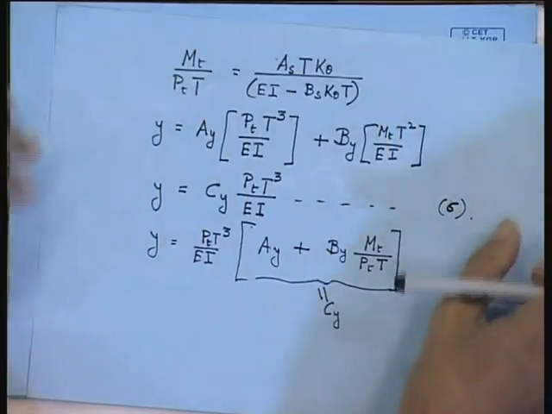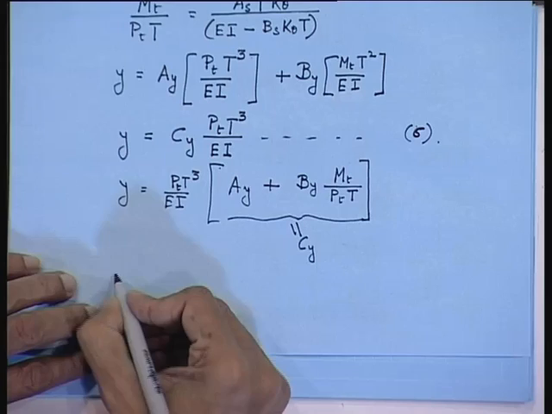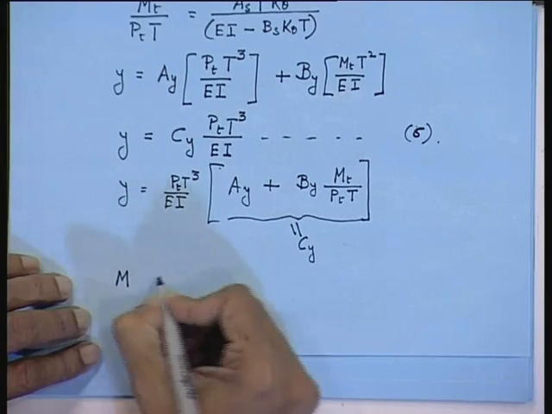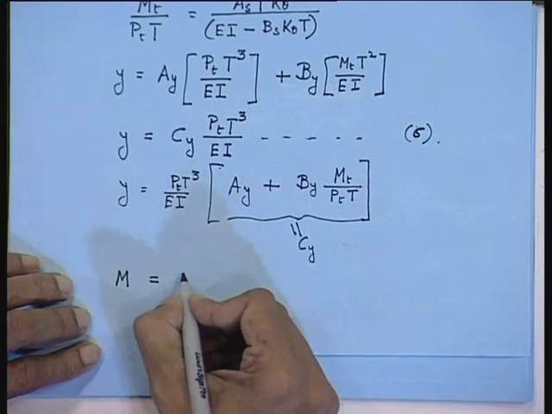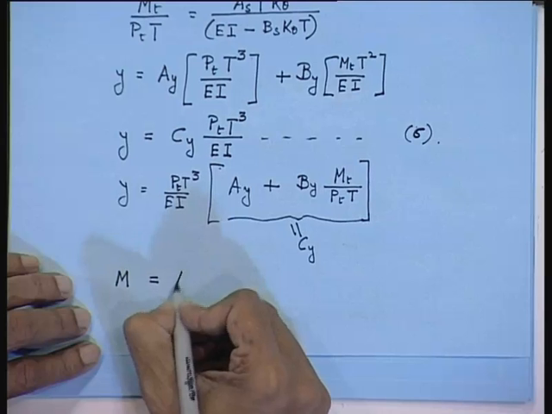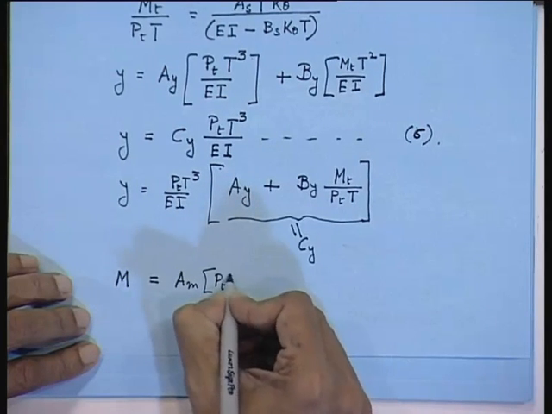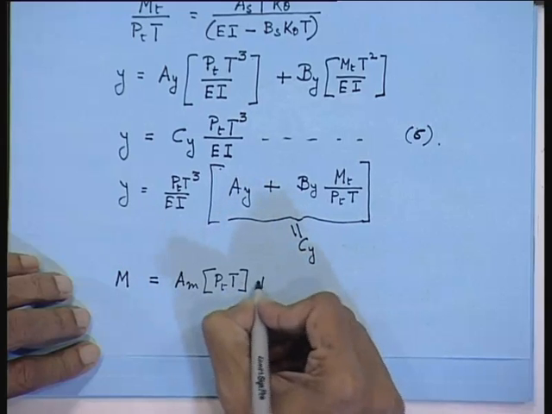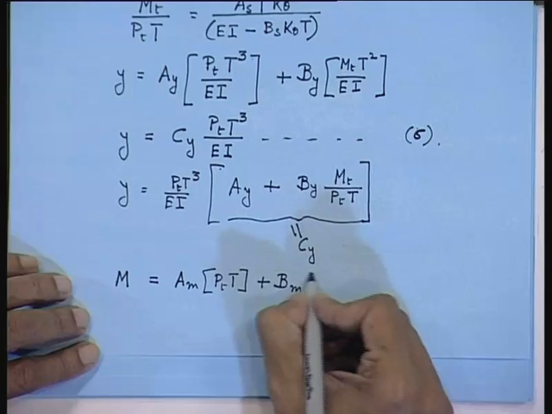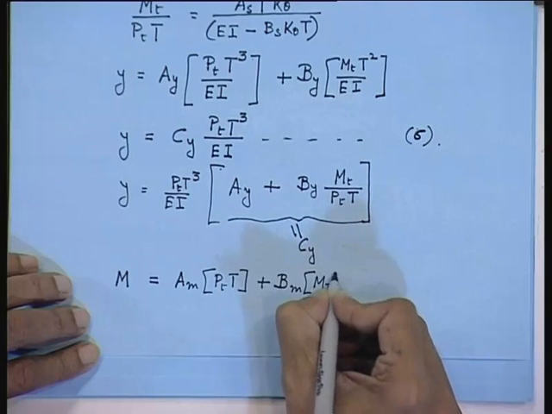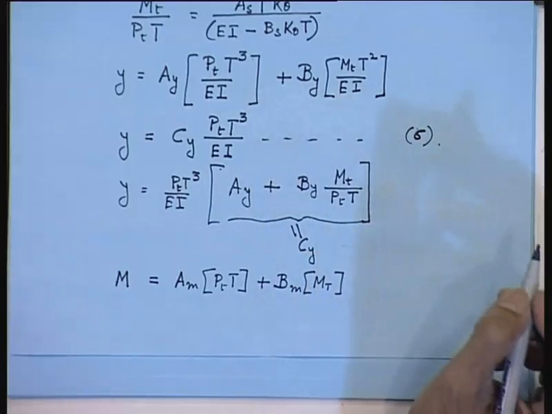Yeah, that bending moment equation. So, your moment equation, you write bending moment M, or rather it is written as MT, whatever it is. So, this is AM PT T plus BM multiplied by MT. Now, you try to bring out this factor again, MT PT over T.